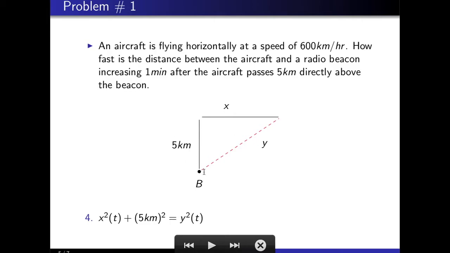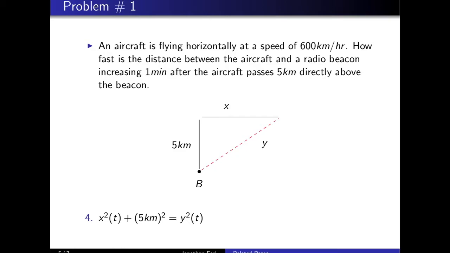The 5 kilometers is giving us the height at which the airplane is flying, and this red dashed line y is going to give us the distance between the airplane and the radio beacon. So what we're looking to see here is how fast the distance between the aircraft and the beacon is increasing. So what we're looking to find in the end of this is dy by dt.